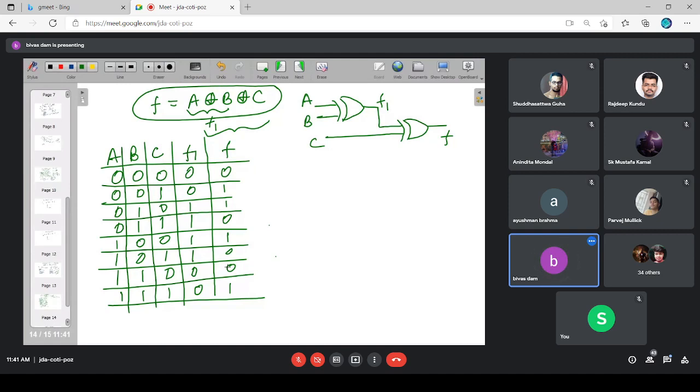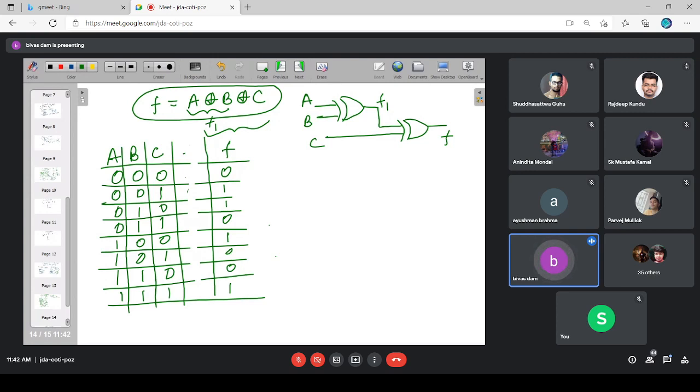Now, forget about this F1. Ultimately, we are concerned about the relationship between A, B, C, and F, between the output and all the inputs. See, when there is no 1 in the input combination, the output is 0.